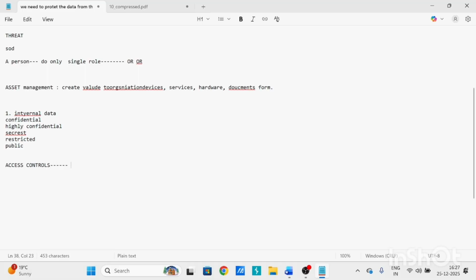Access control means what level of permissions employees, vendors, or contractors have. These all come under the access control part. Especially two types of controls are there: logical control and physical control.